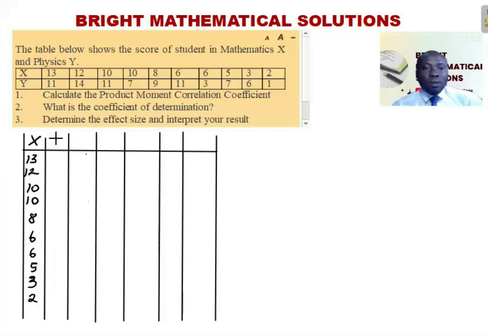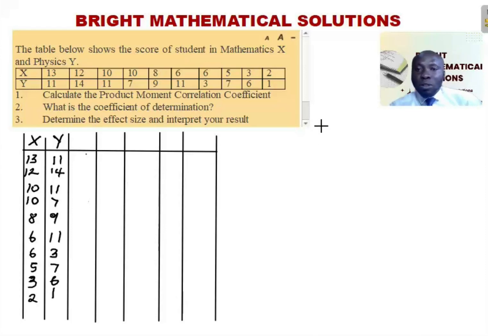The next is Y, which is for physics. We have 11, 14, 11, 7, 9, 11, 3, 7, 6, and 1.